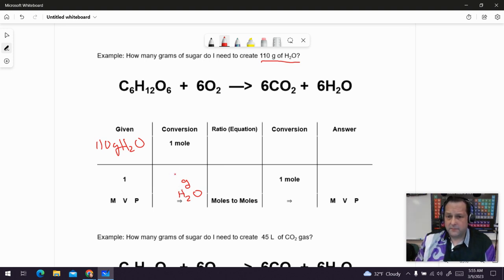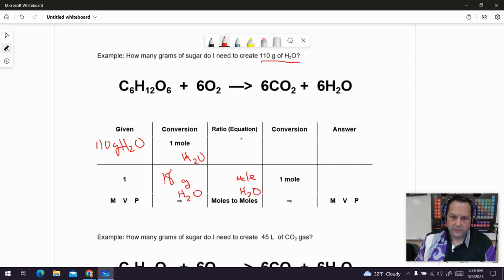That's what we need here, right? Molar mass of H2O is 16 plus 2, so we have 18 grams right there. My ratio, I'm going to have moles of H2O. I'm going to put the H2O up here so you see it. Moles of H2O on the bottom.